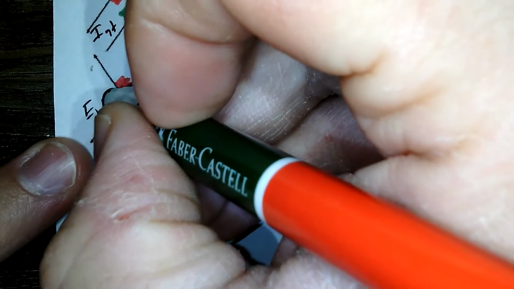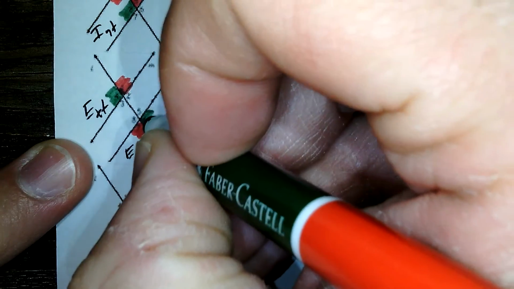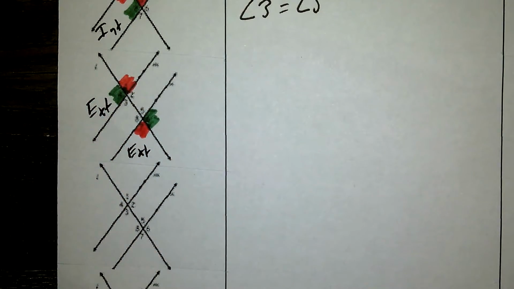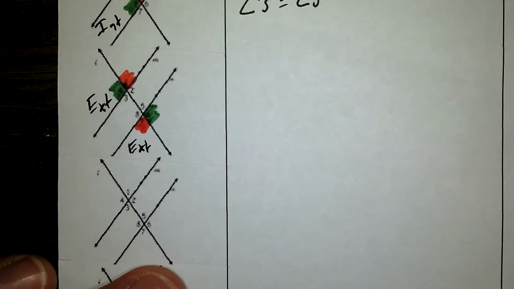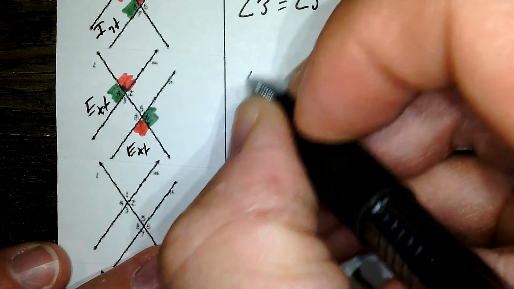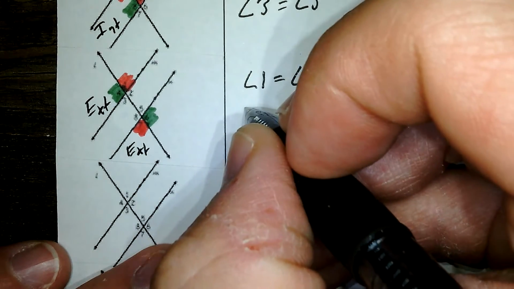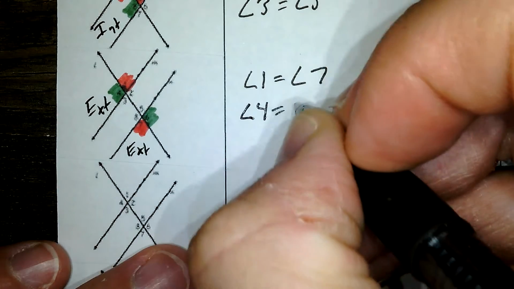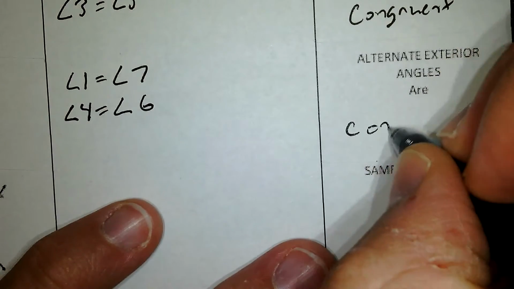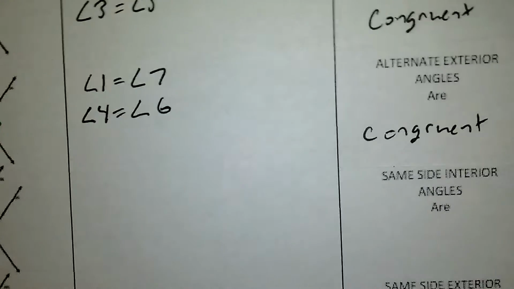Then look at angle 4, the alternate exterior to angle 4 would be angle 6. And these angles are also going to be congruent. So I can say that angle 1 is equal to angle 7, and angle 4 is equal to angle 6.